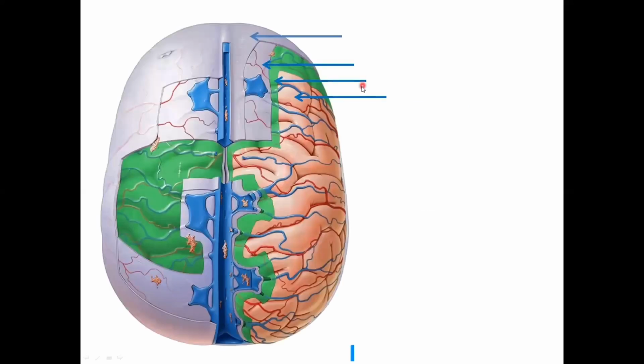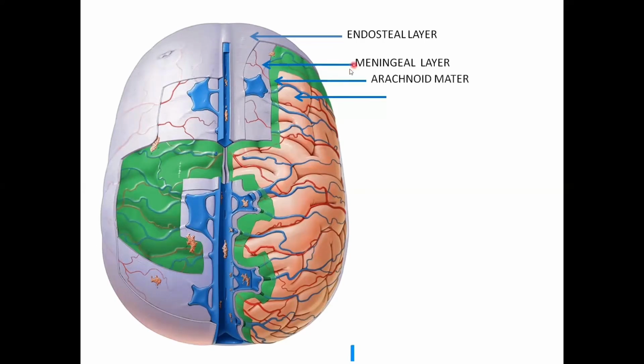So this is a picture to show you. That's the endosteal layer. This is the meningeal layer. Between the endosteal and the meningeal layer, can you see the dural venous sinus here? This is the superior sagittal sinus. The cerebral veins, you can see them entering the superior sagittal sinus.